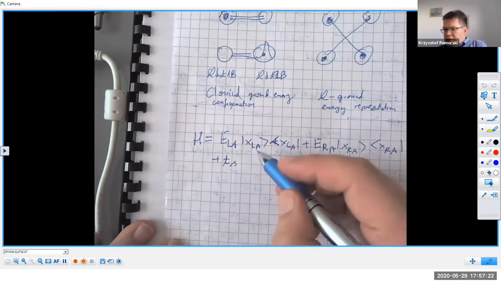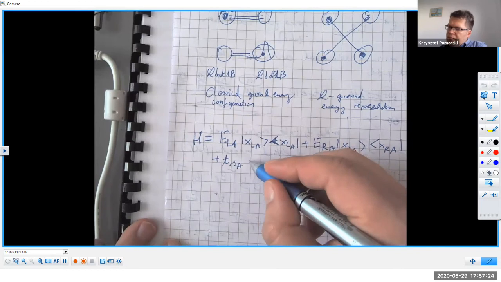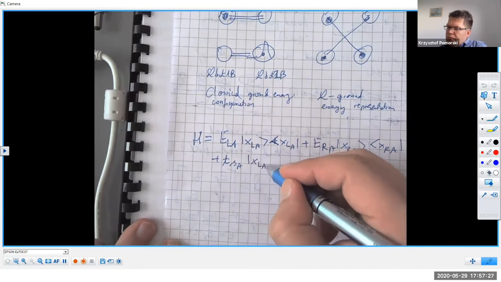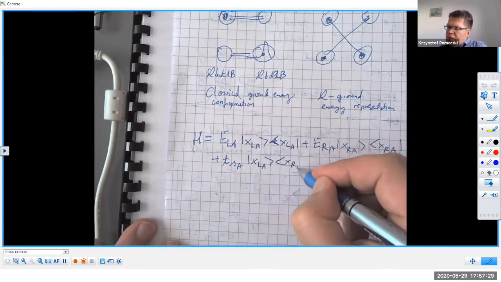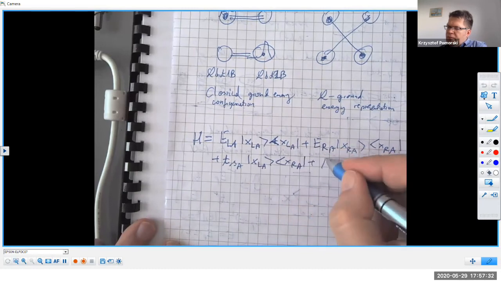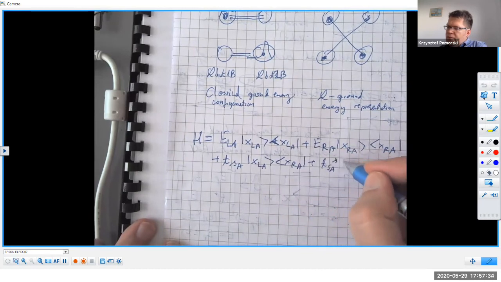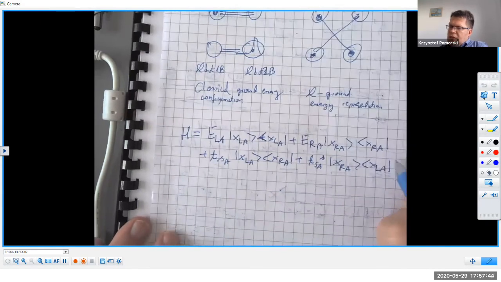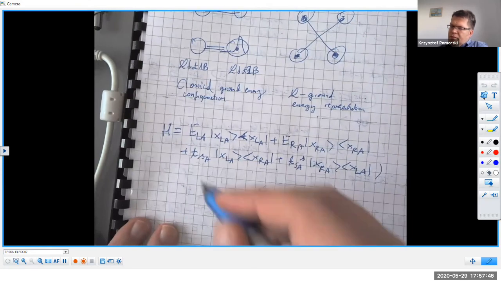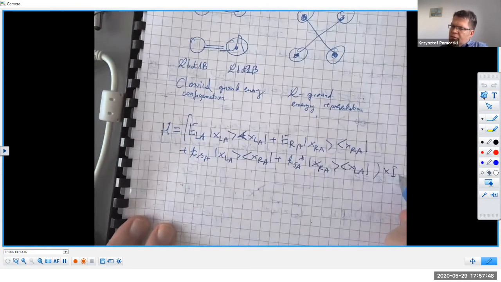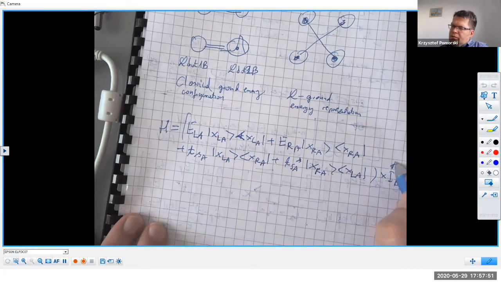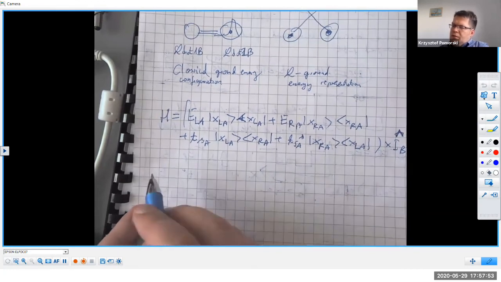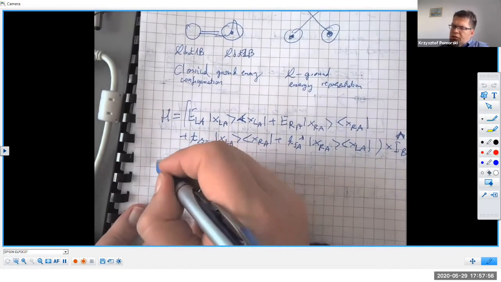I will just use SA, times identity for the second system, P plus identity.